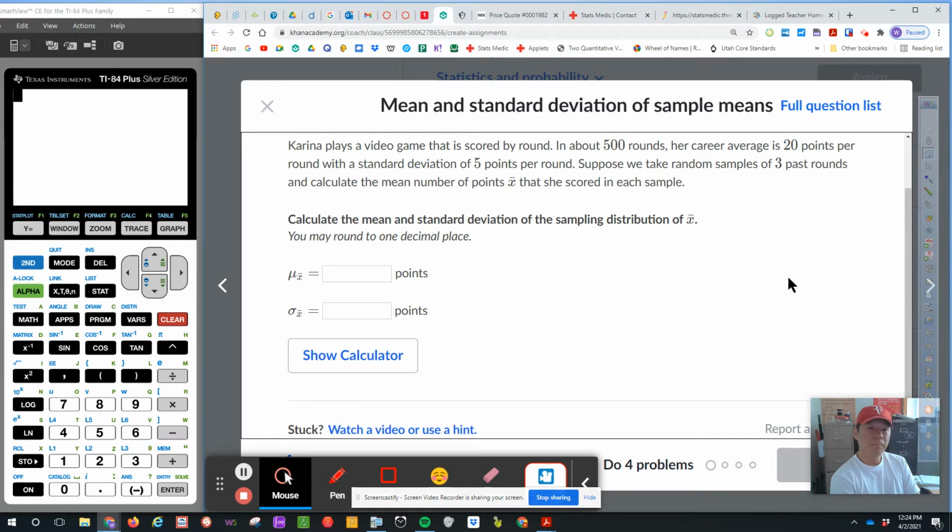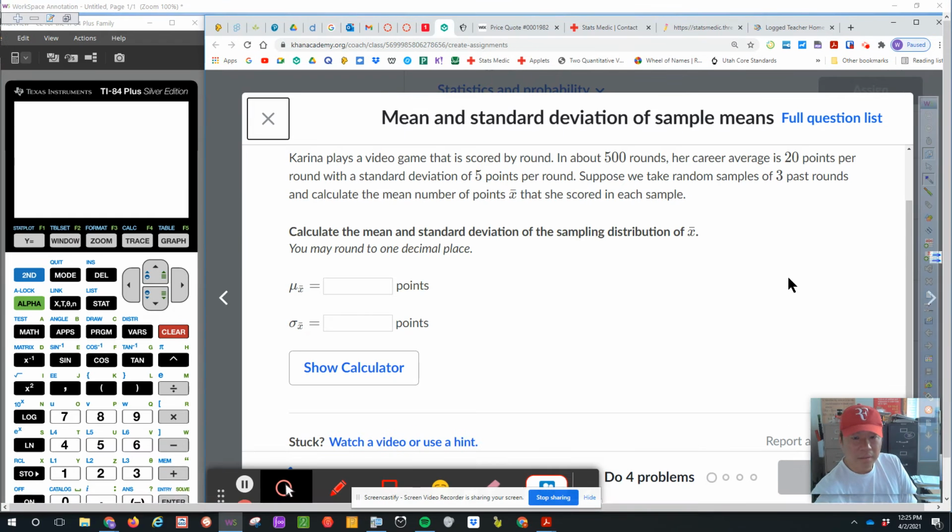So you can see that in about 500 rounds, career average is 20. Do you see that that is your big N? Your population size is 500, and the population average is 20 points per round, with a standard deviation of 5 points per round. Suppose we take a random sample of 3 past rounds. That's your small n, and small n equals 3.